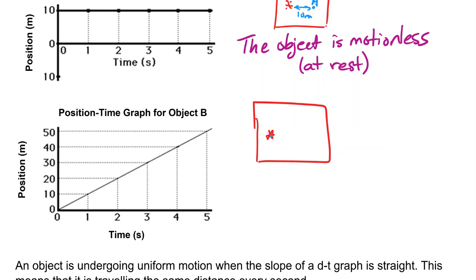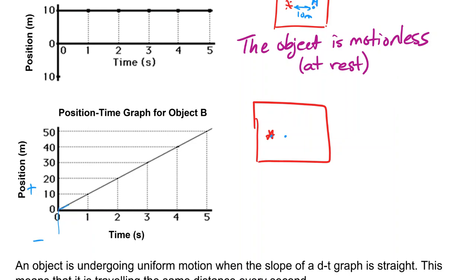After 1 second, it's moved 10 meters in the positive direction. This is the positive and that's the negative direction on the graph. Then another 1 second later, a total of 2 seconds, it's moved another 10 meters away.